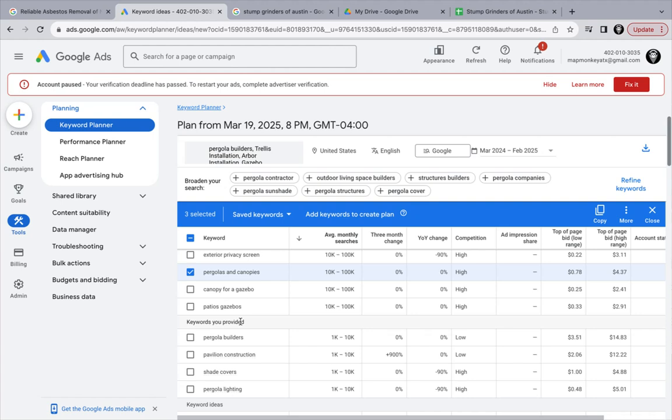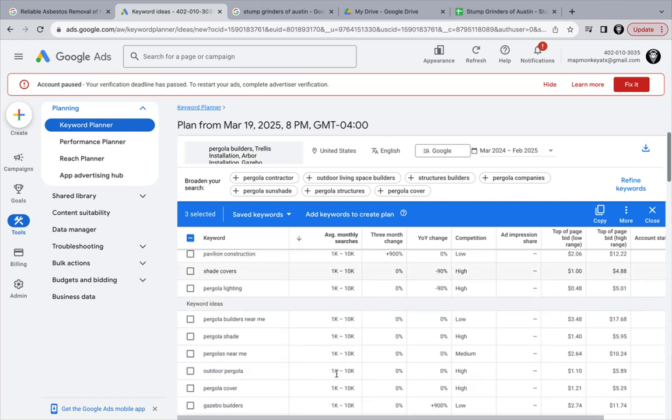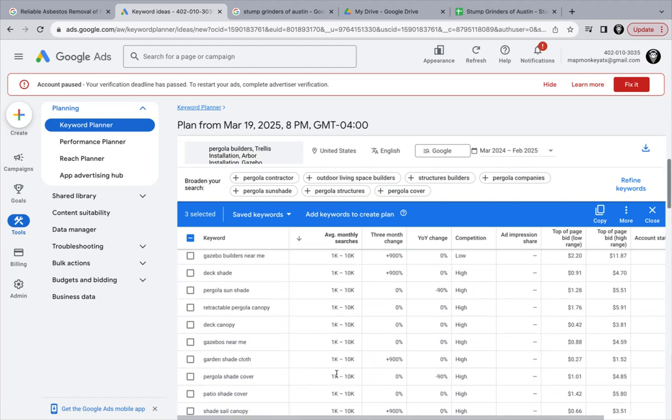You want to pick the one that is the umbrella term for all of the below. In this case, your lower volume keywords are going to be like, let's find one, garden shade cloth. Okay, sure. Canopy is sort of included in what we're talking about.